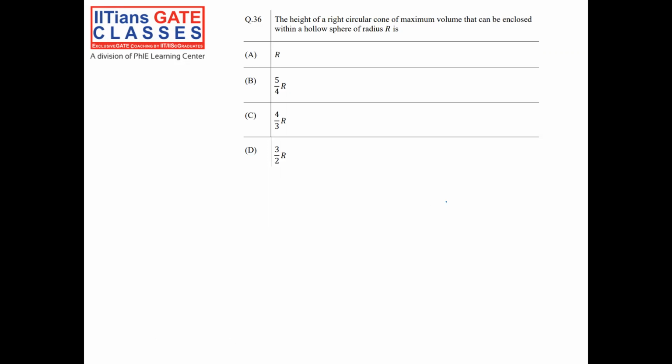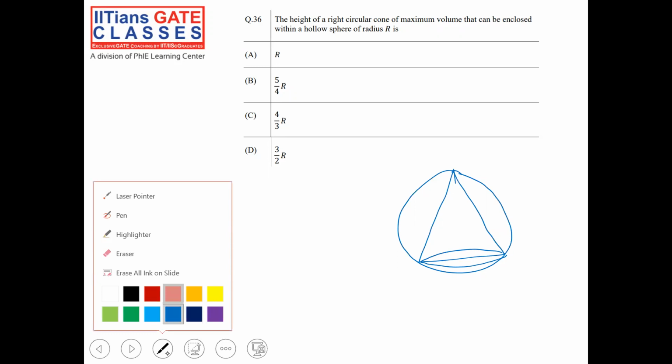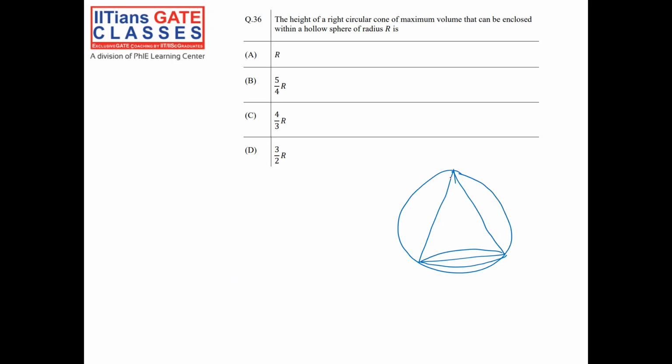Suppose we have the sphere and we got a cone here, a right circular cone like this. Let's say this is the center O, and from here to here the radius is r.